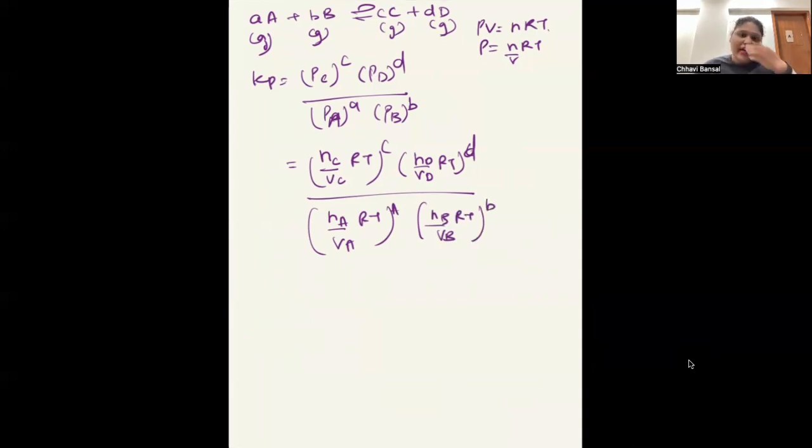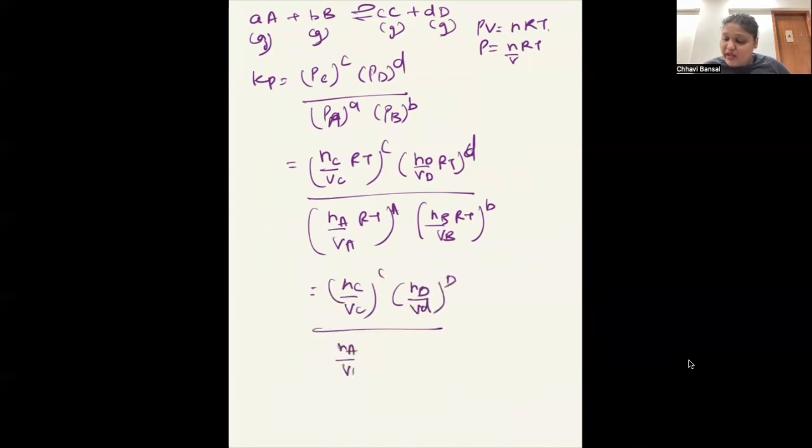If you see, the RT in all four terms that I used here is the same, so I can take it out. So it will be (nC by VC) raised to power c, (nD by VD) raised to power d, over (nA by VA) raised to power a and (nB by VB) raised to power b, and RT raised to power (c plus d) minus (a plus b), correct?